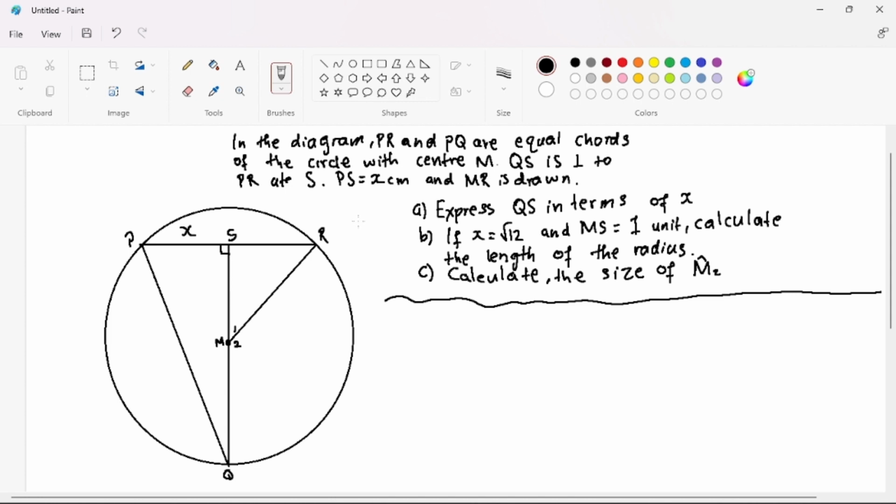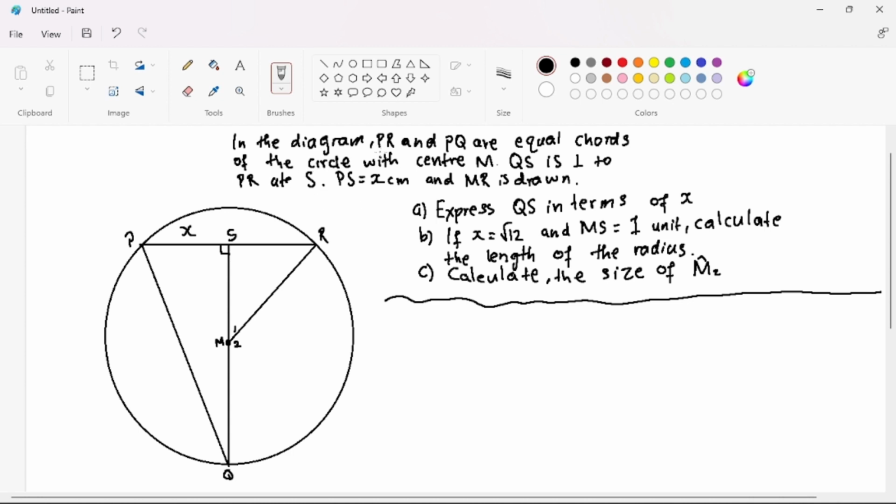You first read the statement, then you fill in the missing information on your diagram, and then you analyze your diagram. After analyzing the diagram, then you can try to tackle the question. That's when you must consider reading the questions, after analyzing the diagram. So let's start with the statement.